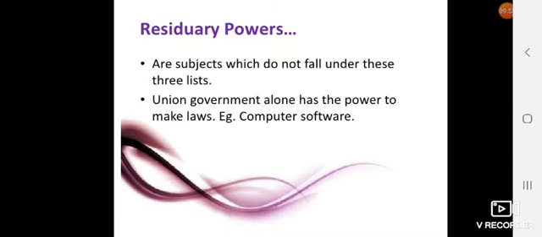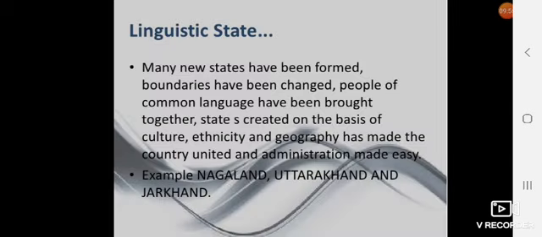Now the next topic we are going to deal with is the linguistic state. So what is a linguistic state? It means the formation of a state on the basis of language, so that administration will be easier. In India, we have a lot of states divided on the basis of language.